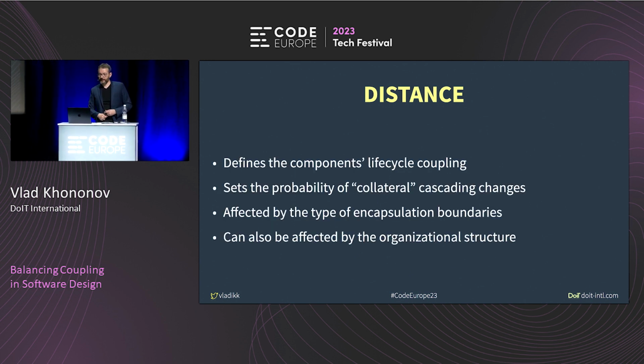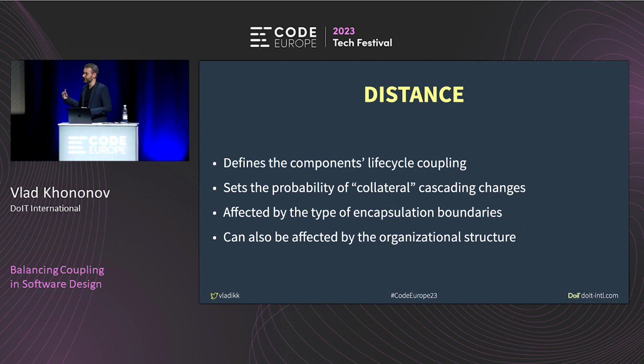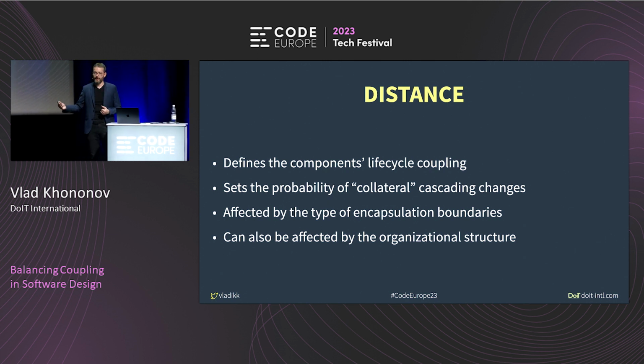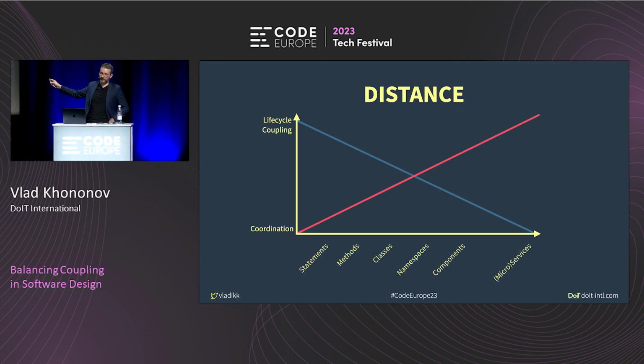Now, interestingly, the life cycle coupling is affected not only by the level of abstraction of the components, but also by the structure of the organization that implements them. Let's say an example. Let's say here on the right we have microservices. But let's consider two cases.